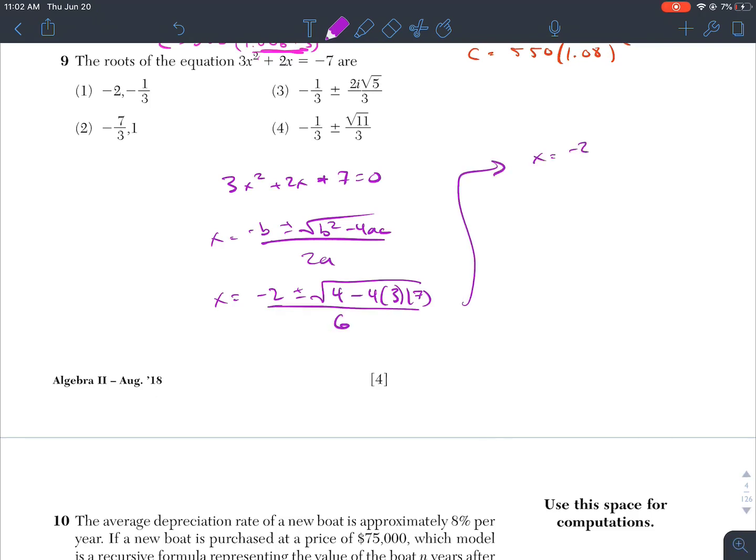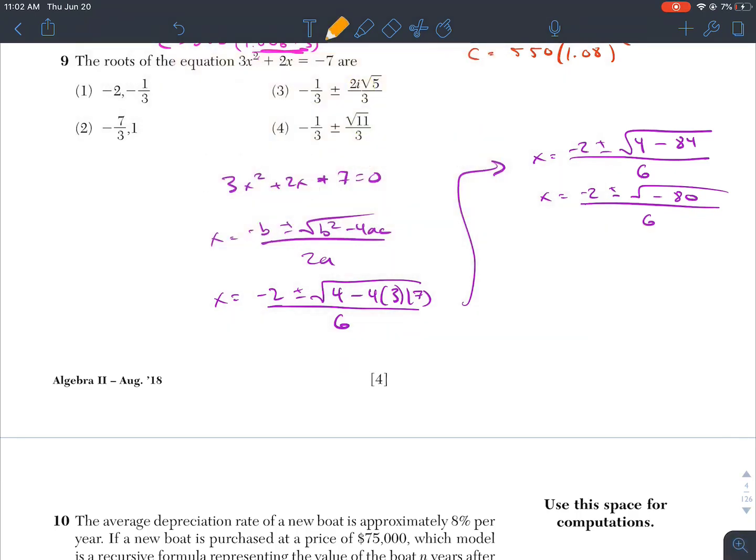X is equal to negative 2 plus or minus the square root of 4 minus 12 times 7 is 84, so 4 minus 84 all over 6. X is equal to negative 2 plus or minus the square root of negative 80 over 6.